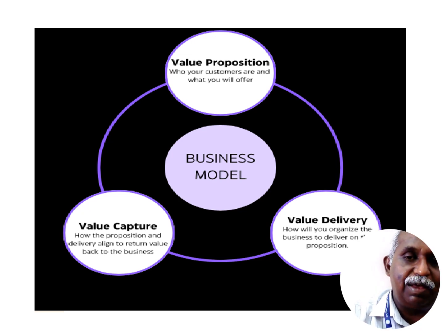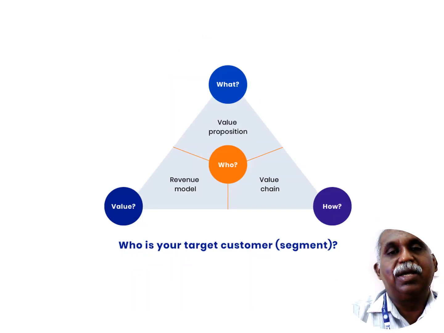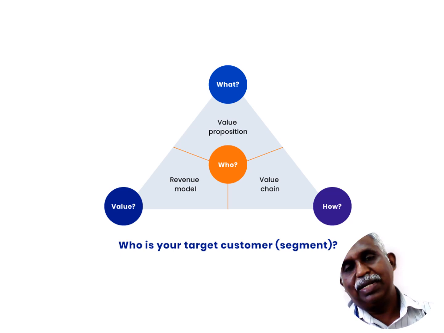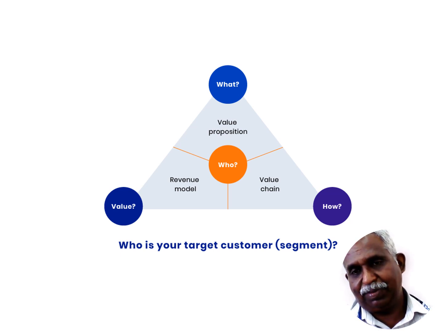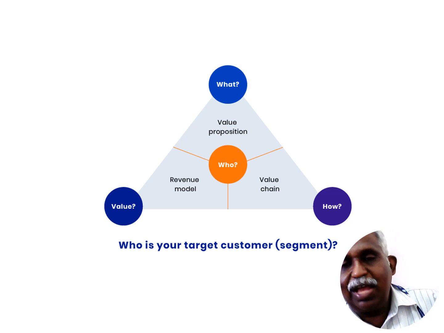Most of the mentors are asking how to get value capture. That is the important question. Now we have a triangle. Target customer. The value proposition in the last slide, how to reach the customer, then how to gain from the customer.